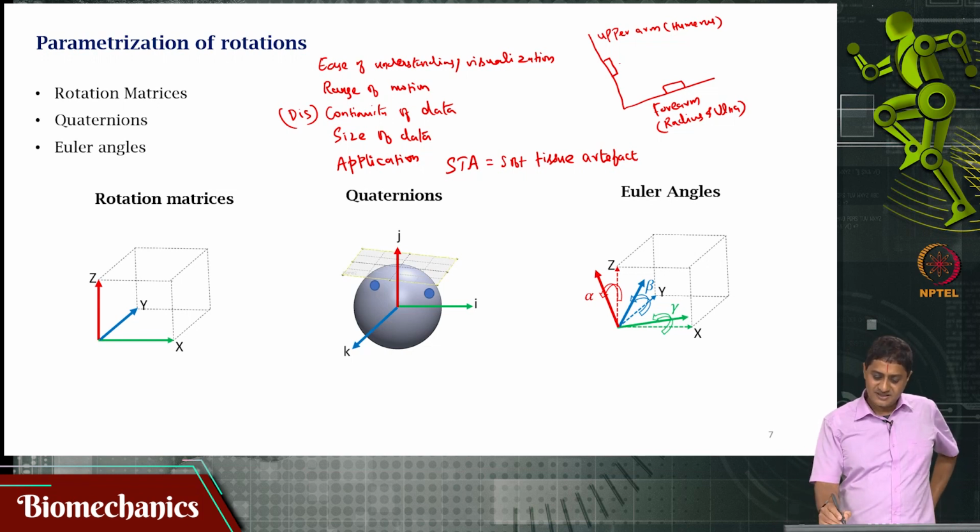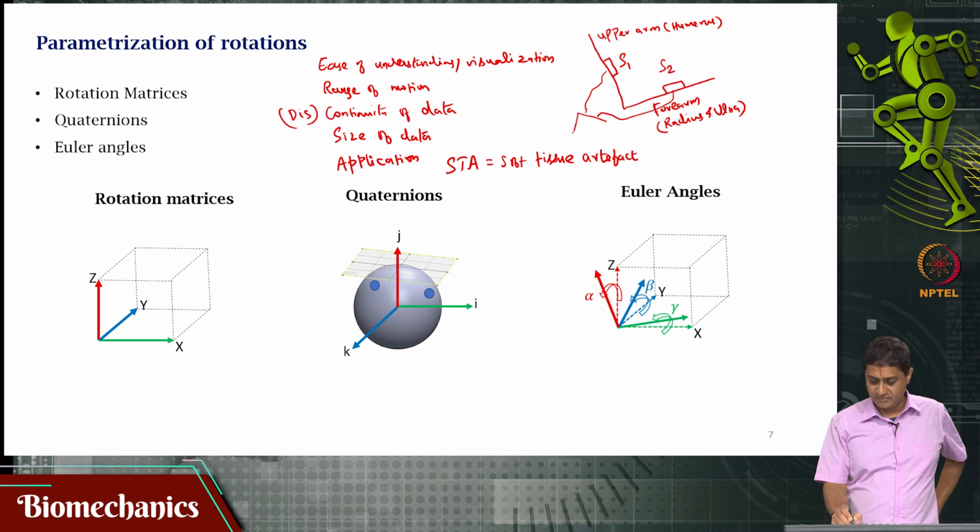Let us say I am keeping a sensor here, which I will call sensor S1, and this one as sensor S2, and I am measuring these two data. For example, in the method that we use in our lab, these have their own microcontrollers.